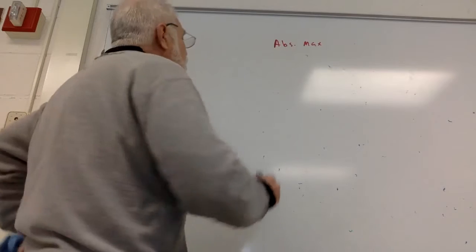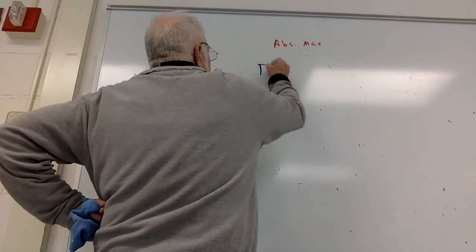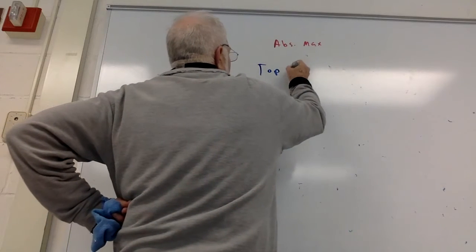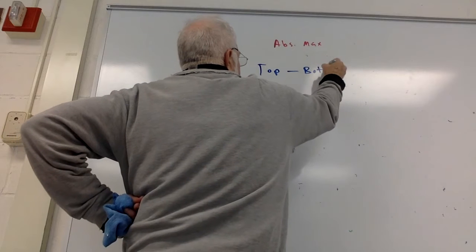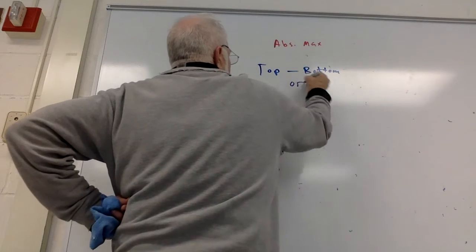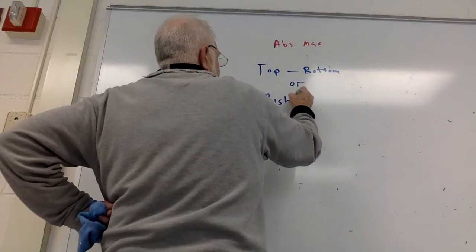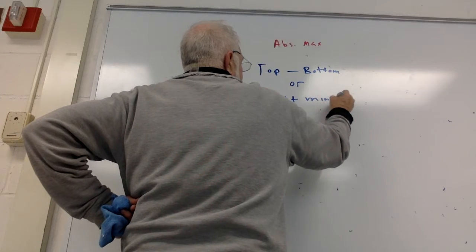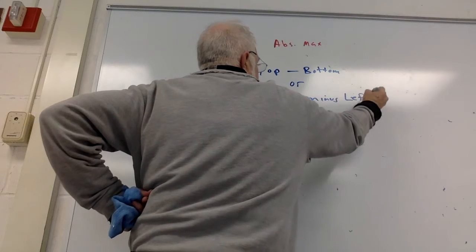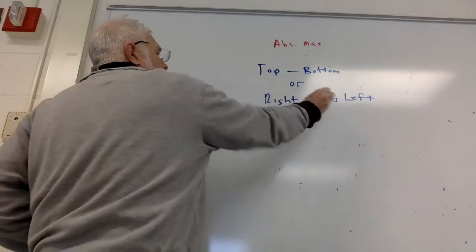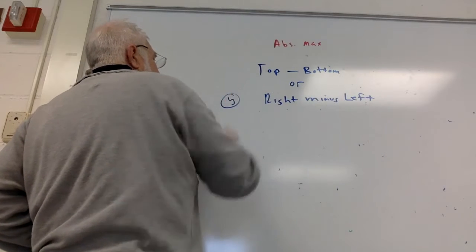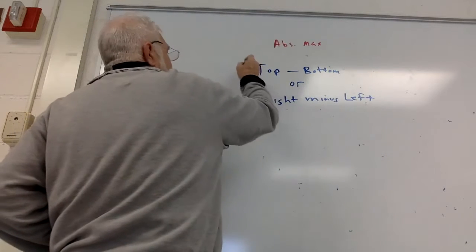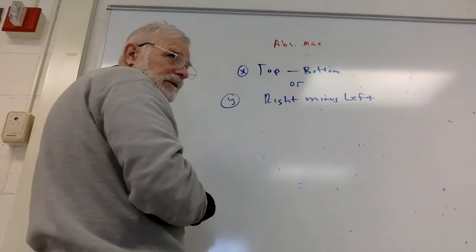All right, so when doing volumes of revolution, your mantra is top minus bottom, or right minus left. Right minus left when we're doing calculations in terms of y, top minus bottom when calculating in terms of x.